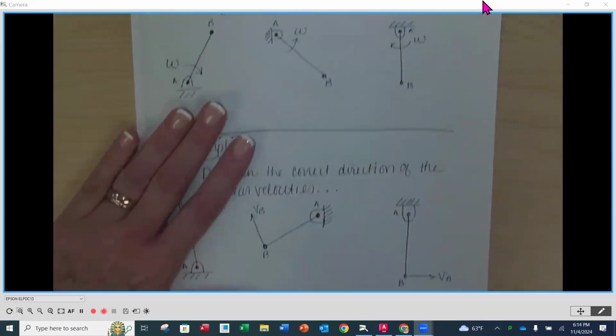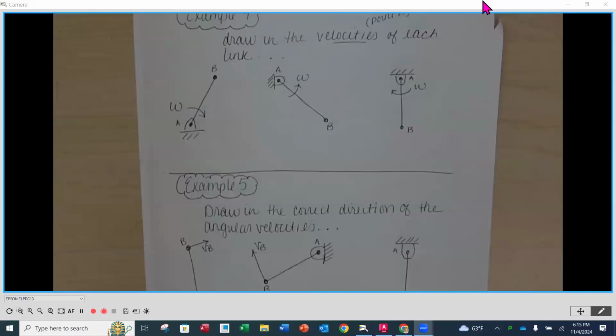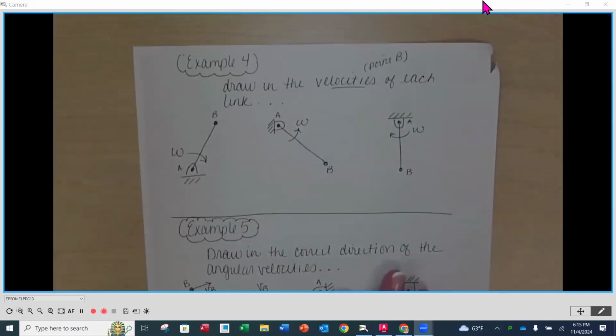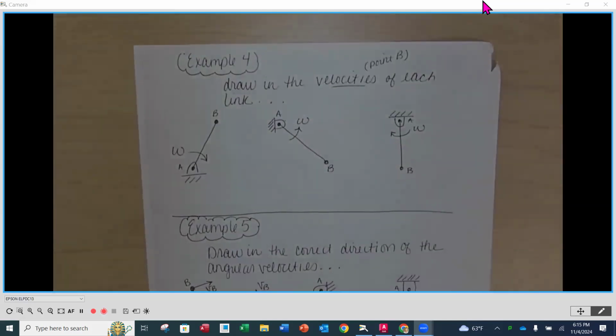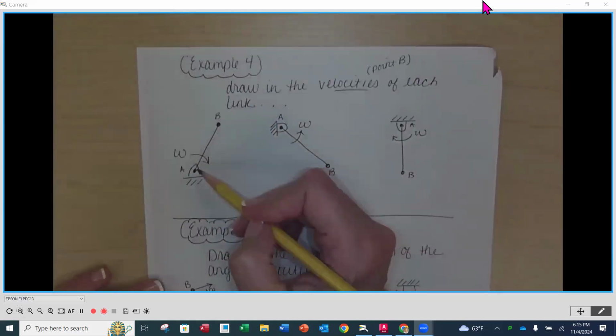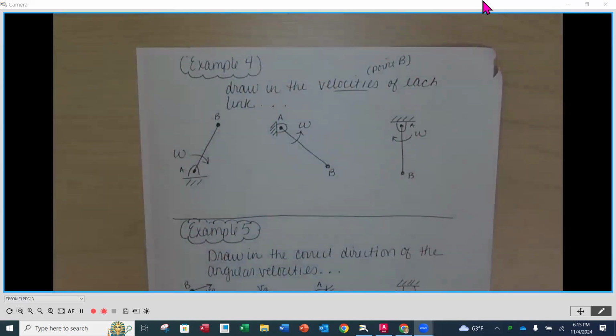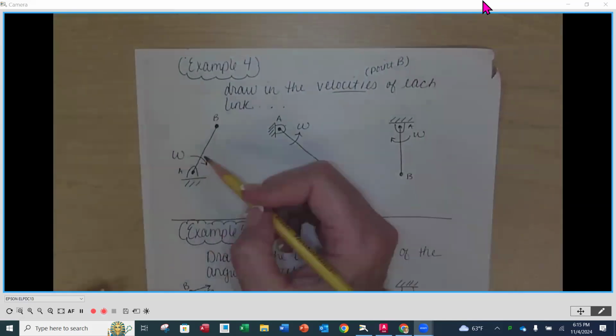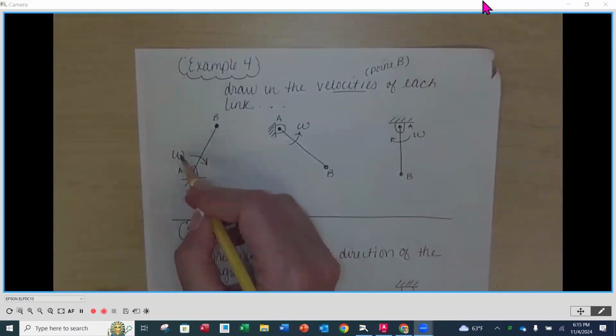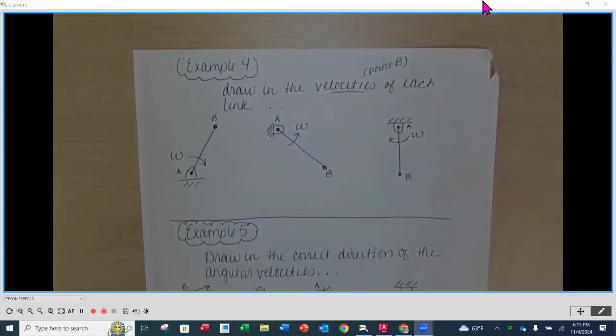Page 6. We have example 4 and example 5. Example 4 says draw the velocities for point B on each one of the links. For the first link, assuming that this is just a generic link, it is rotating in a clockwise direction.